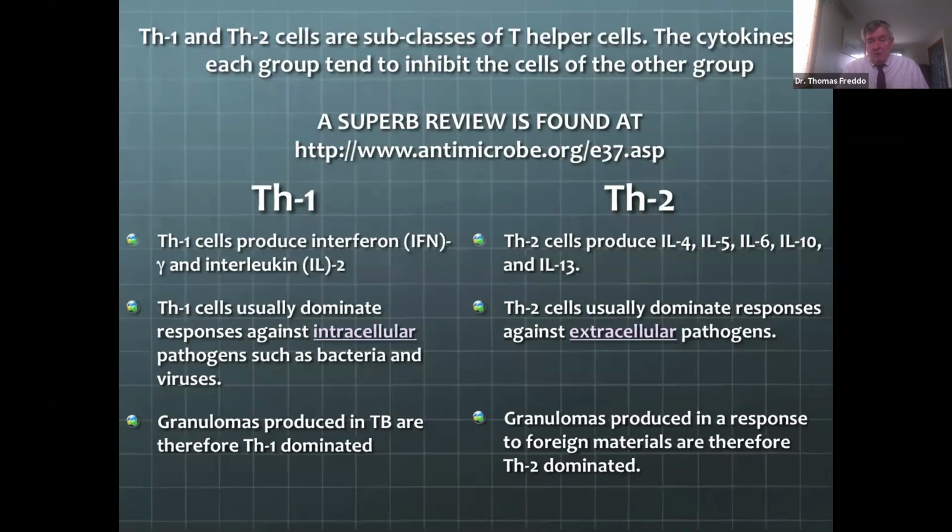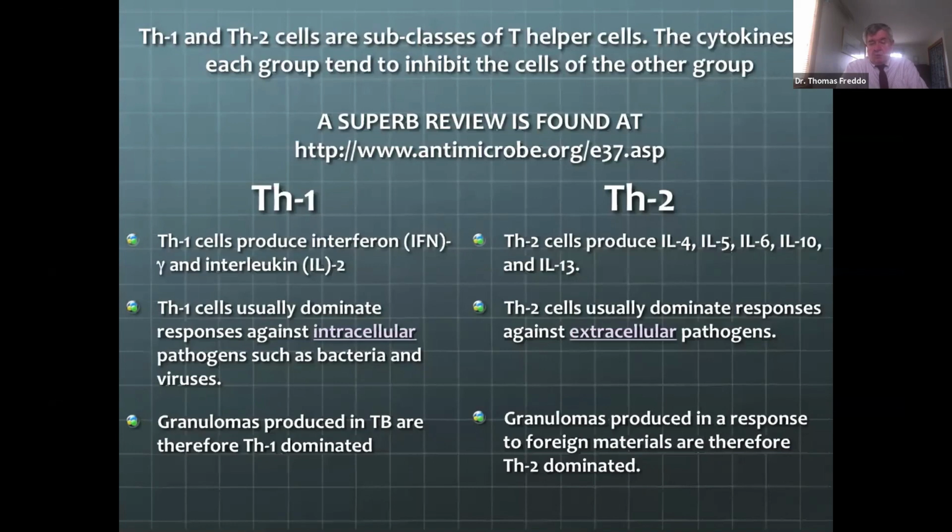So this tends to be a situation in which either Th1 takes over or Th2. Th1 cells produce interferon gamma and interleukin IL-2. Th1 cells usually dominate in responses against intracellular pathogens such as bacteria and viruses. And granulomas produced in TB are therefore Th1 dominated.